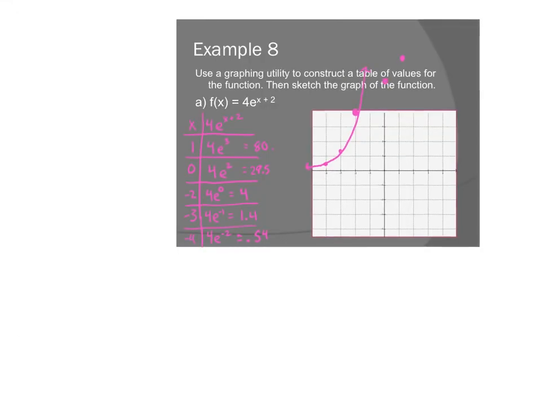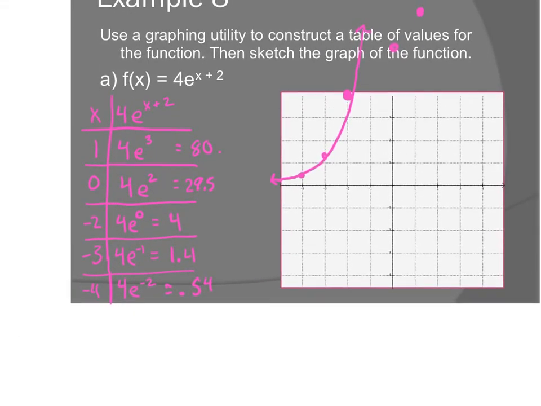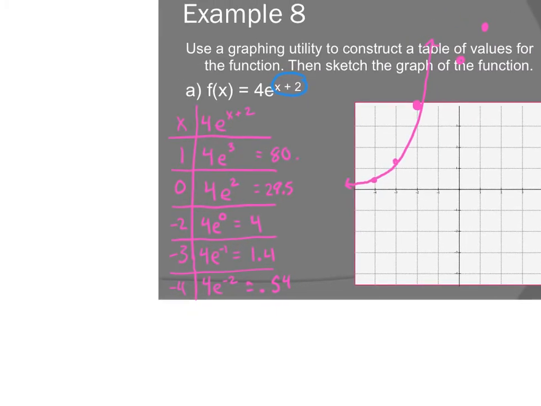When plugging in numbers, for an example like this or for what we did yesterday, we always want to look at what's happening to our x directly, and we want this to be 0 because we know that's going to be our parent graph. So what I always do is I set what's happening to the x, so this x plus 2, equal to 0. We subtract 2 on both sides, so x is equal to -2.